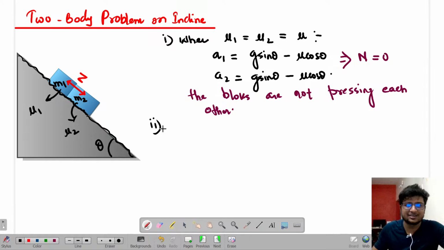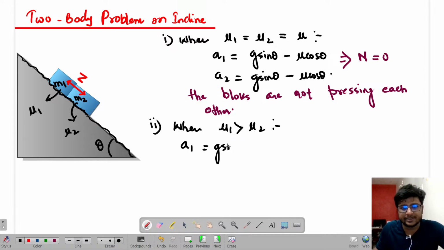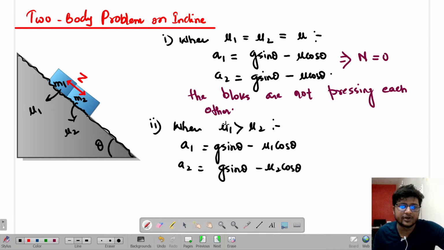Now case 2, when mu1 is greater than mu2. Now a1 will be written as g sin theta minus mu1 cos theta, and a2 will be written as g sin theta minus mu2 cos theta. Look over here, mu1 is more than mu2, so basically this implies that acceleration a1 is less than a2 or not.